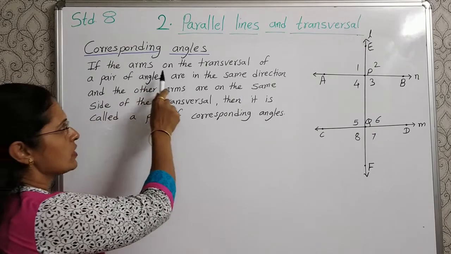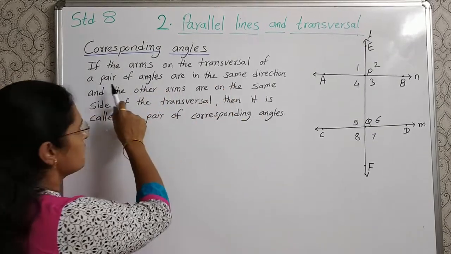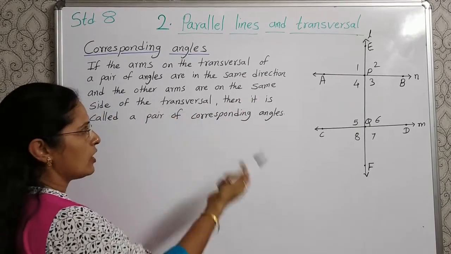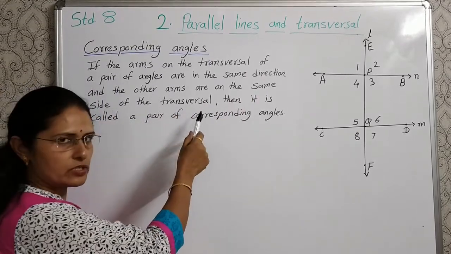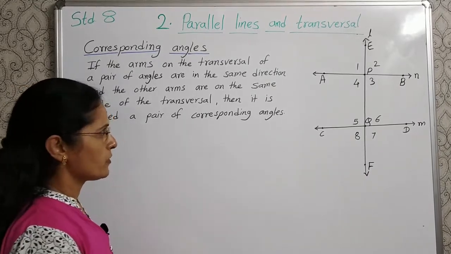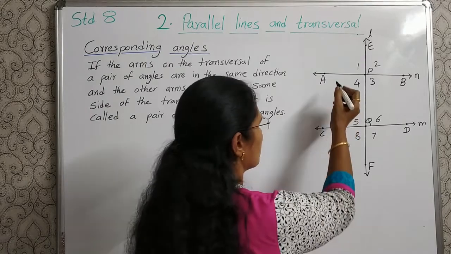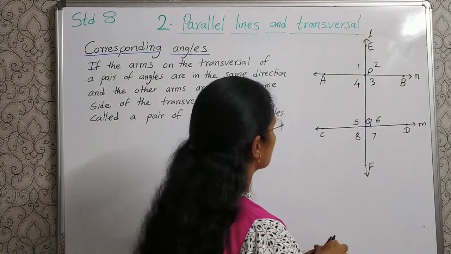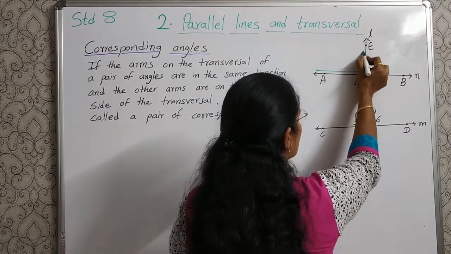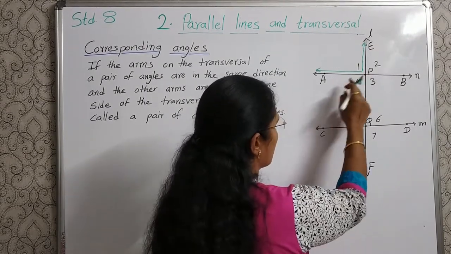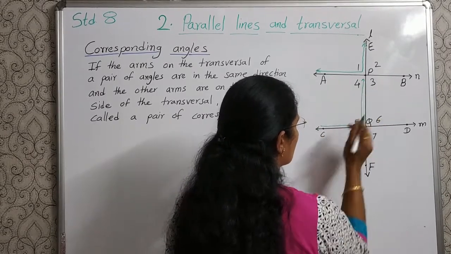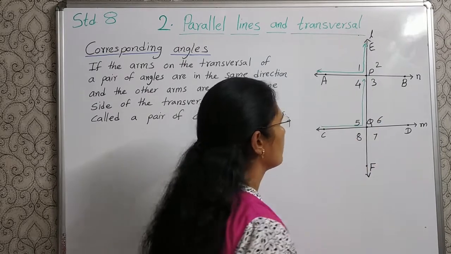If the arms on the transversal of a pair of angles are in the same direction and the other arms are on the same side of the transversal, then it is called a pair of corresponding angles. So, if you see here these two angles, angle APE and angle CQP.